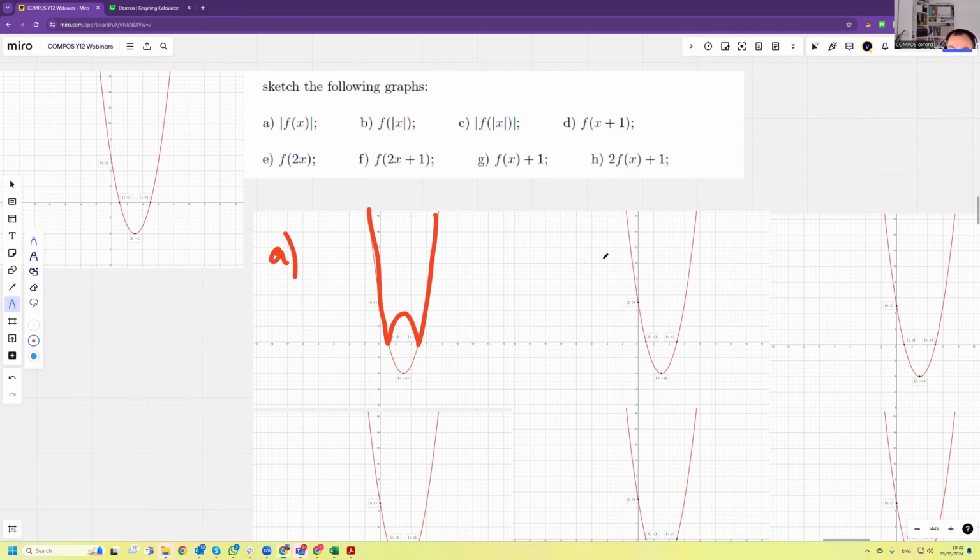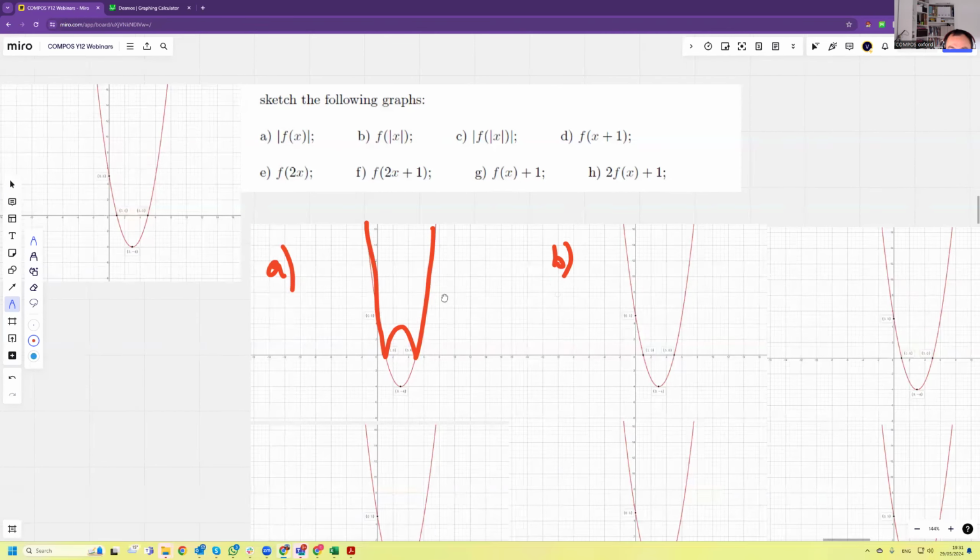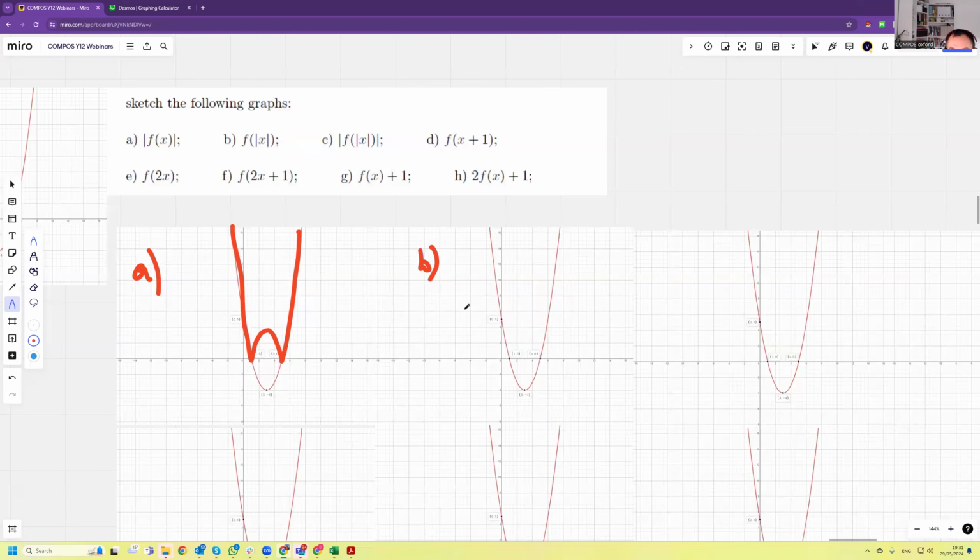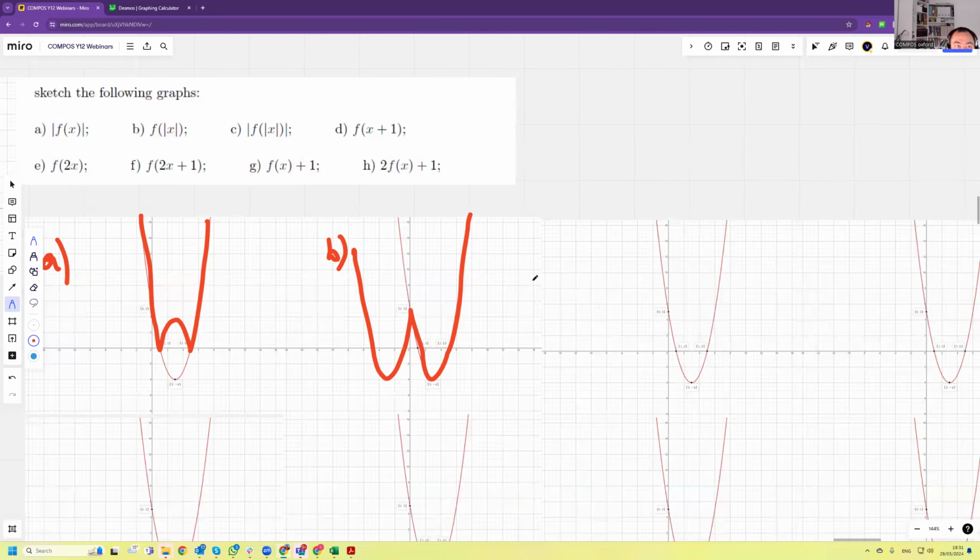This is A. For B, it is the modulus of x. So the modulus of x takes the right-hand side and mirrors it onto the left. So the graph becomes an even graph. The modulus of a modulus, so you do both.